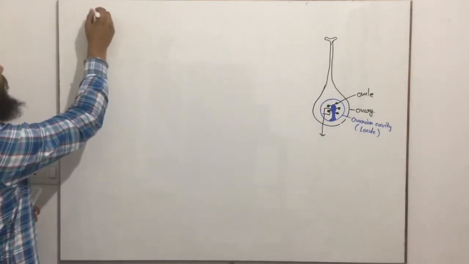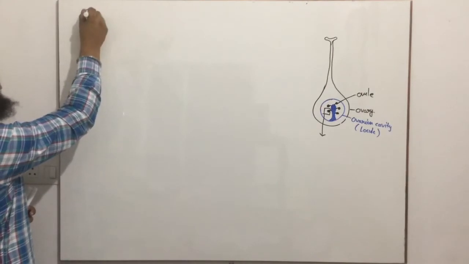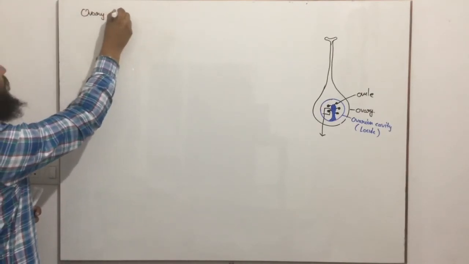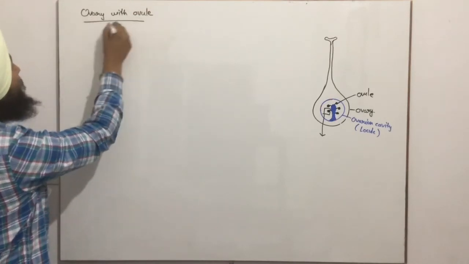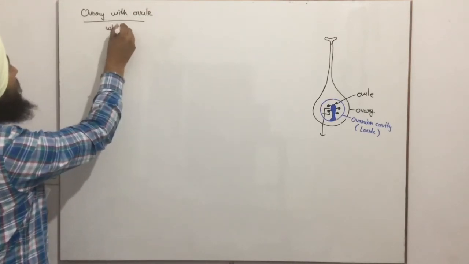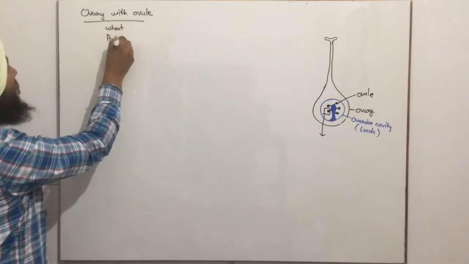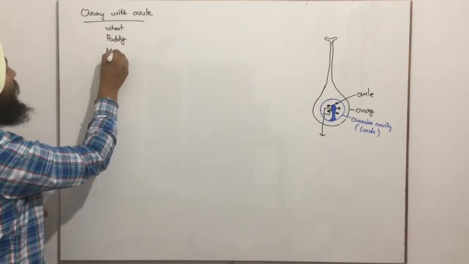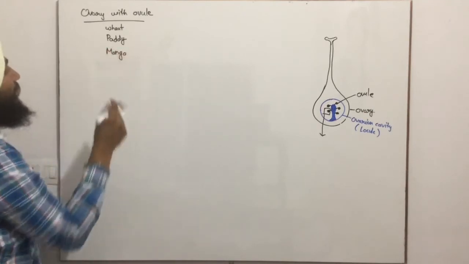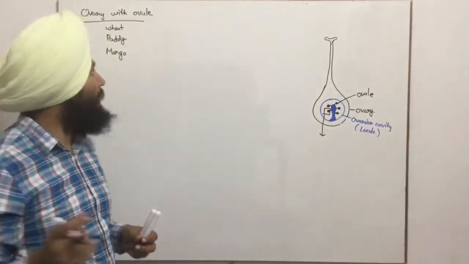Examples of ovary with one ovule are wheat, paddy, and mango. These are the ovaries that have only one ovule.